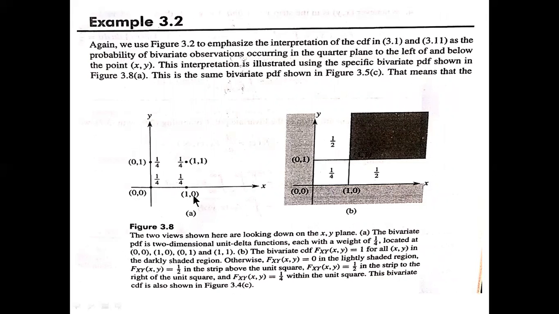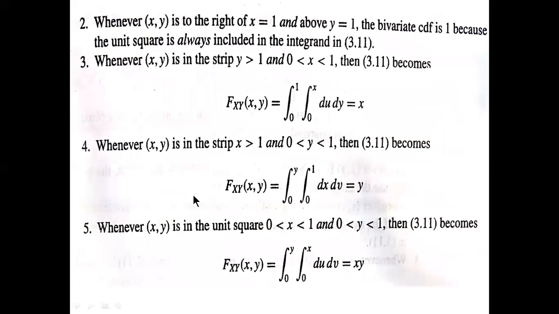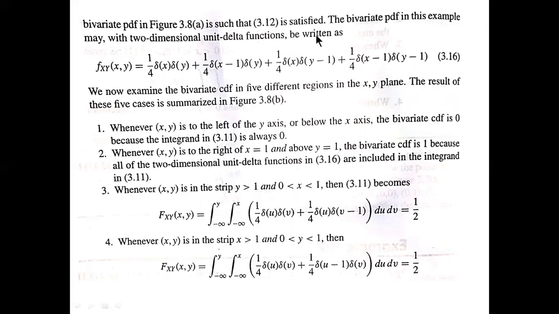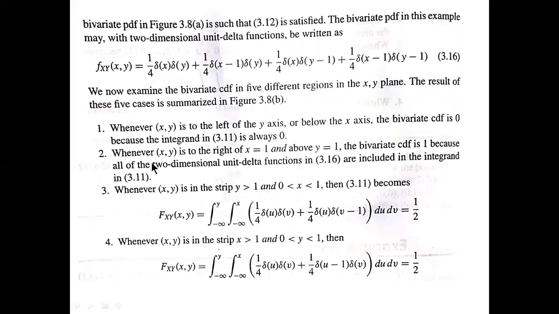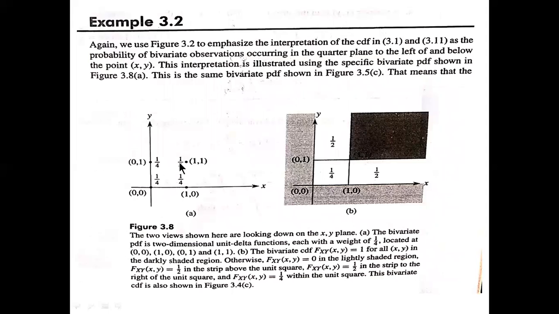Then the third value is x equal to 0 and y minus 1 equal to 0, which gives y equal to 1. So (0, 1) is the point we need to consider. Similarly, x minus 1, y minus 1 gives x equal to 1, y equal to 1, and that is the point which corresponds to this.